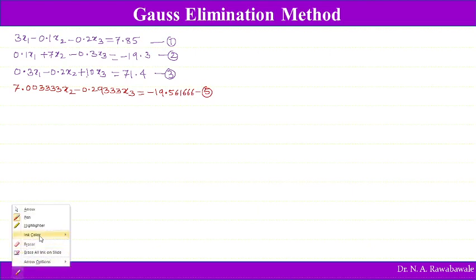Now again, to reduce this term 0.3x1 from the third equation, we are going to multiply the first equation by 0.3 and divide it by 3. So multiply this first equation by the coefficient 0.3 and divide by its coefficient itself, 3, so that in place of 3 we get 0.3.